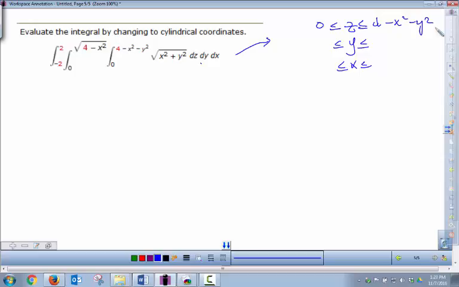Z is equal to 0 is a plane, the xy plane. Z is equal to this thing is just a paraboloid. It's going to end up looking like a circular paraboloid.